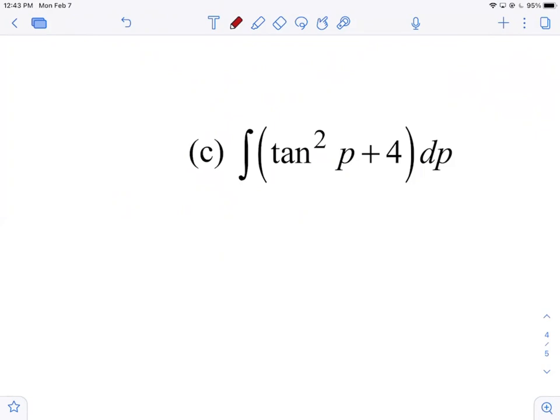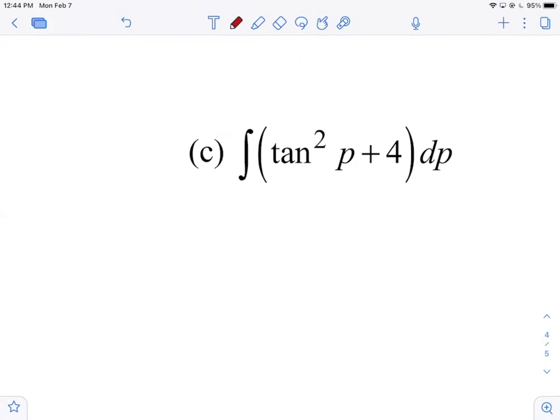But I don't have something that I take the derivative of to get tangent squared. But you know what? This is how your thinking goes. When I was going through that mental catalog, the derivative of tangent was secant squared. So if I can somehow turn a tangent squared into a secant squared, that might be a good strategy. Do we have a way to write tangent squared in terms of secant squared?